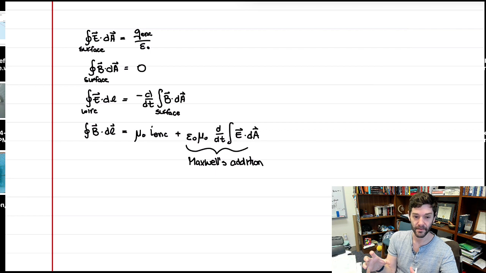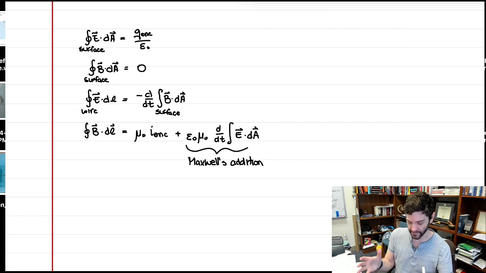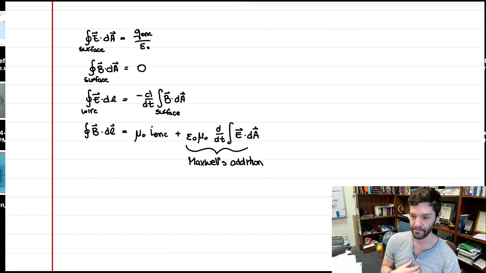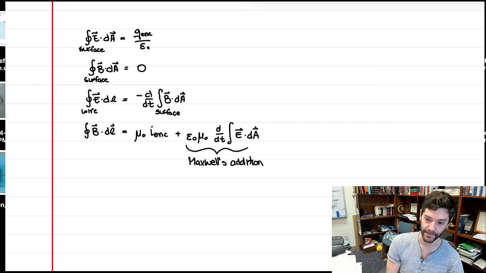The first 2 say something about the magnitude of flux, the second 2 say something about what happens when you change the electric and magnetic flux. Also, the second pair of equations are saying change the magnetic flux, create electric fields. And the fourth one is now saying change the electric flux, create magnetic fields.